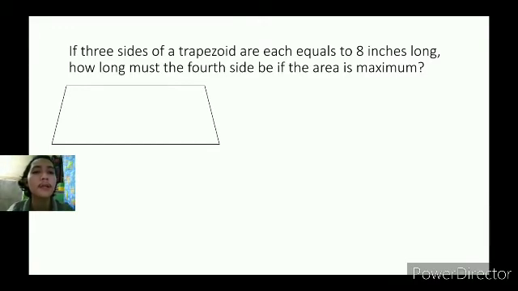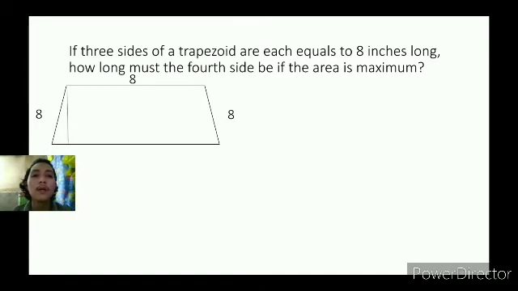The problem said three sides are each equal to 8 inches long. So we have this 8, and now we're gonna find how long the fourth side must be if the area is maximum.